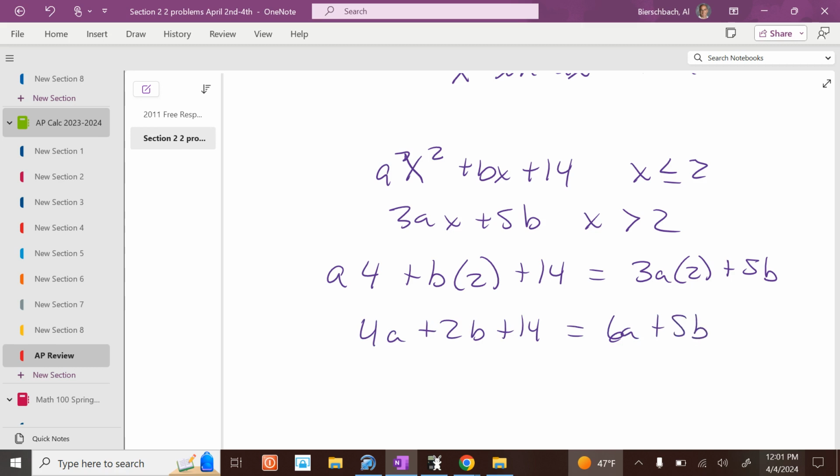Now, what I would do is I would then go through the answers and just plug and chug to see which ones work. Because you could say a negative 2a minus 3b equals a negative 14. So if you don't want to deal with negatives, 2a plus 3b equals 14.